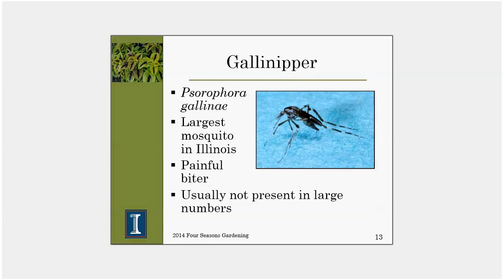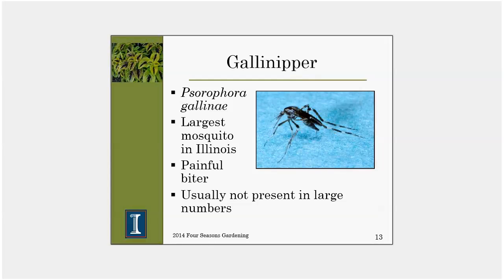And when one of these lands on you, you know it. When I've had them around, I normally feel them land very easily. They're big enough and heavy enough that people can commonly feel them land. They do provide a relatively painful bite, but thankfully they're normally not present in very high numbers.